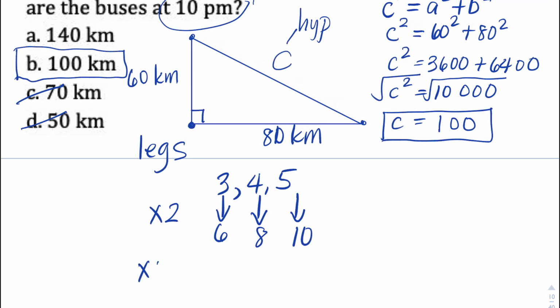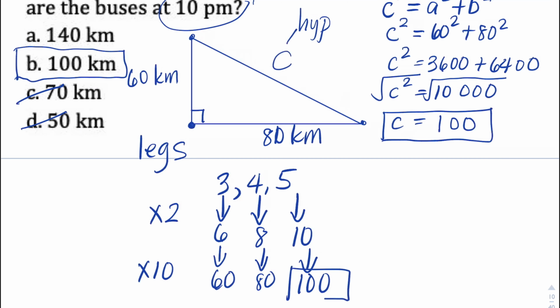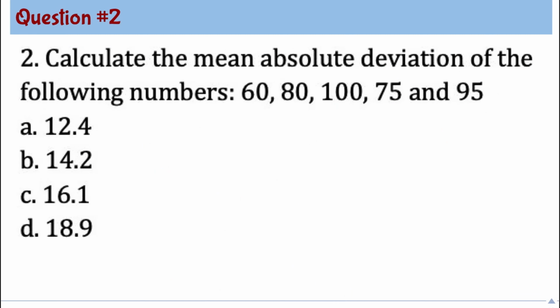What if I multiply this by 10? 6 becomes 60, 8 becomes 80, and 10 becomes 100. So if you notice, in the 60 kilometers and 80 kilometers, we're expecting that the third side or the hypotenuse will be 100 kilometers.